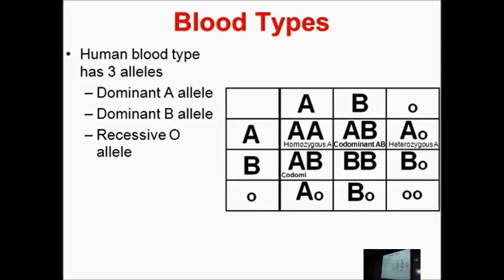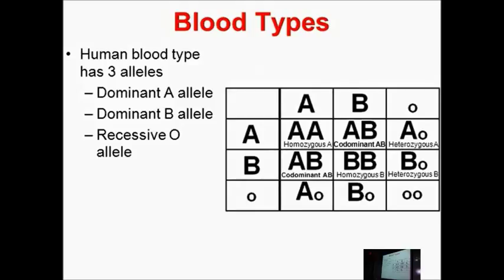In the middle row, if you inherit one dominant A and one dominant B, then that's blood type AB. The next box to the right, if you inherit two B alleles, your blood type will be type B. The next one to the right, if you inherit one B from mom and one O from dad, you'll have blood type B. Again, B is dominant, O is recessive.